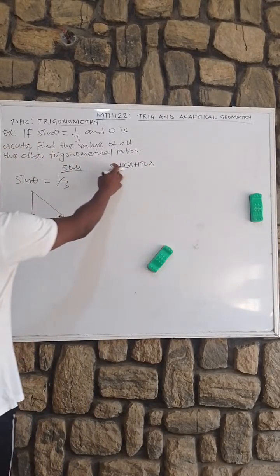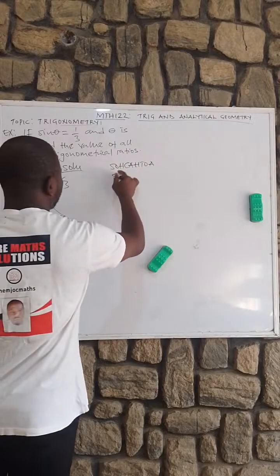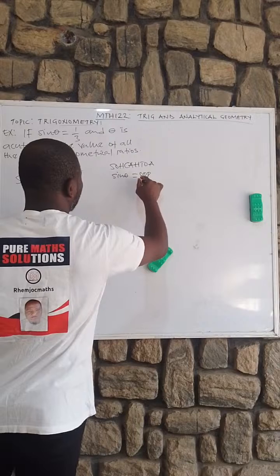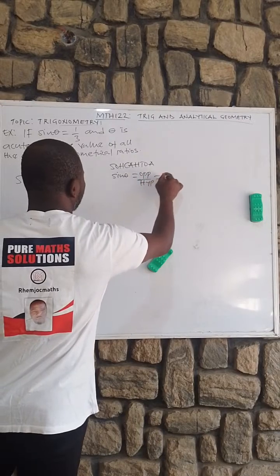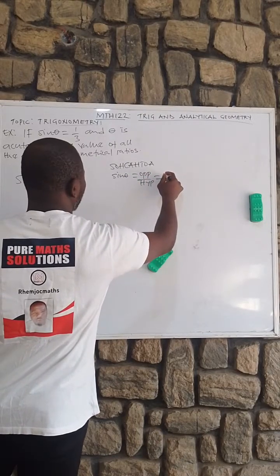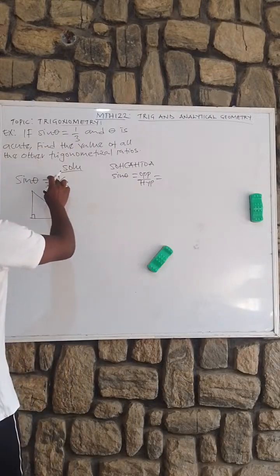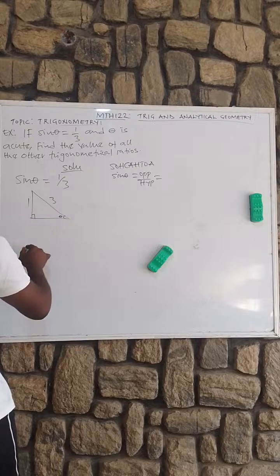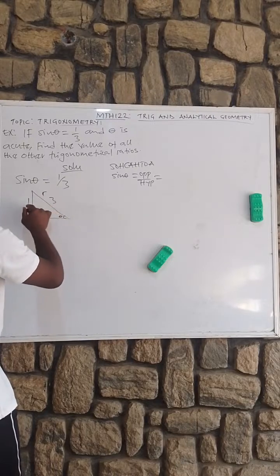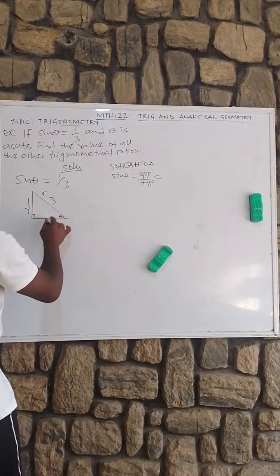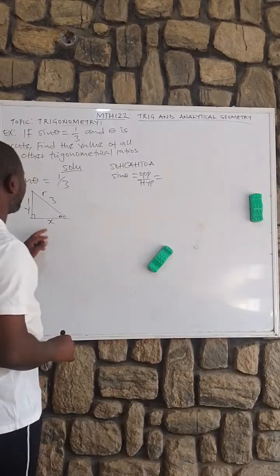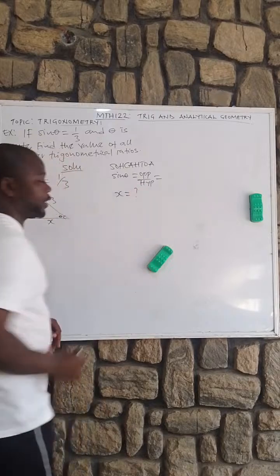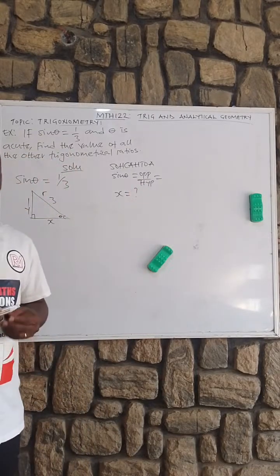So sin theta is equal to opposite all over hypotenuse, right? Here is 3, here is 1. Then this is our r, this is our y, this is our x. It means our x is unknown, true or false?